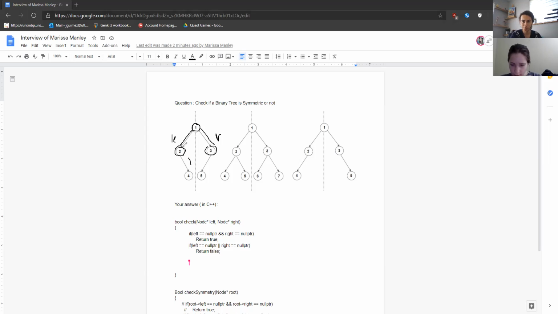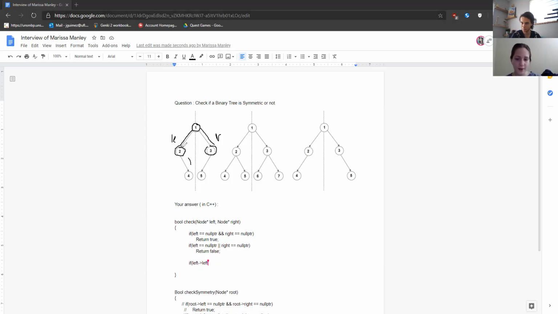Now this happens. It has to happen recursively. So I'm going back to my tab. I might need another method to check at this point, because I would check if left, the name of the left.